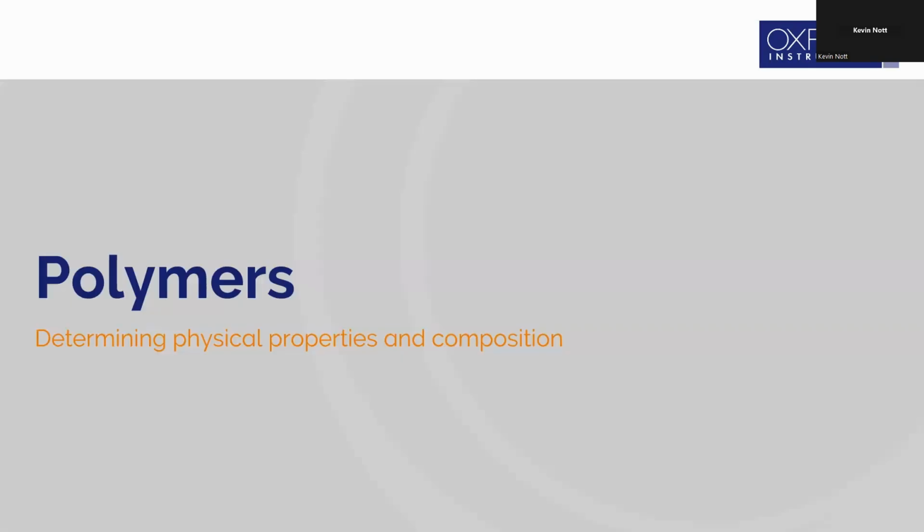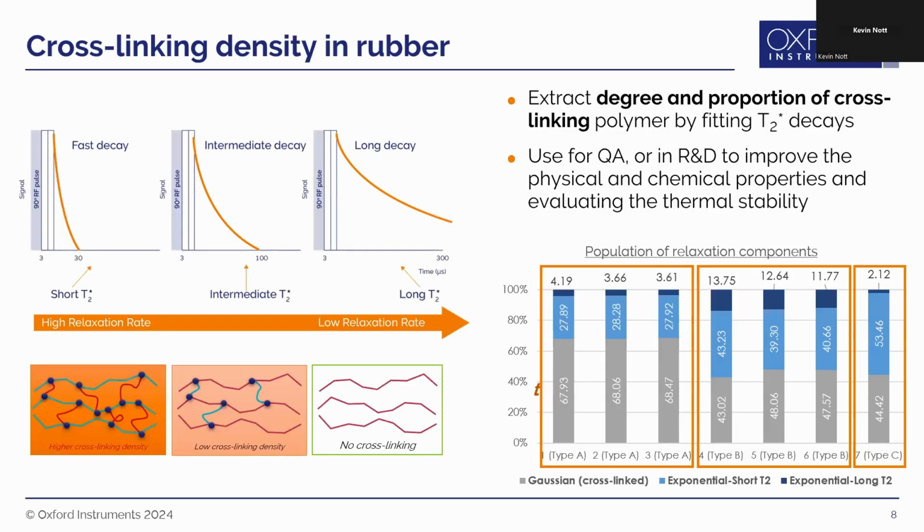So I'll start by describing the application of TD-NMR to measuring the physical properties and composition of polymers. So polymers are rigid, so it's often not possible to measure very short T2 relaxation using the CPMG experiment. However, we can measure free induction decay or solid echo for the T2 star relaxation.